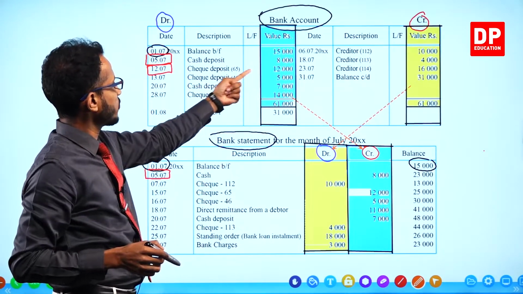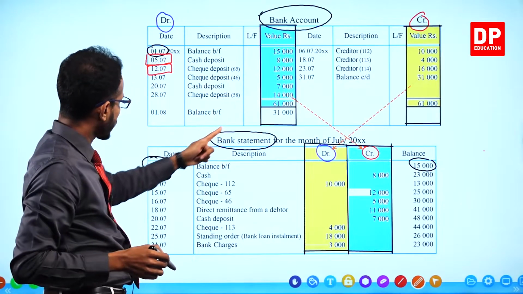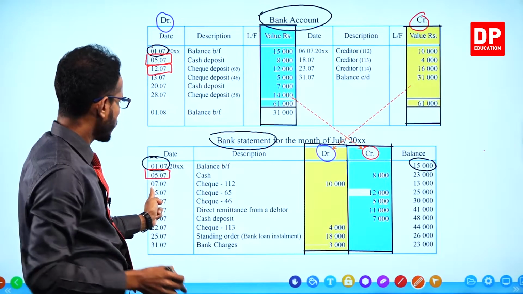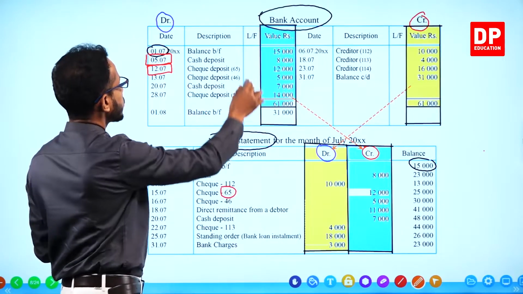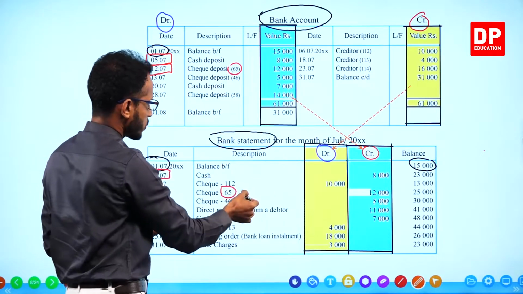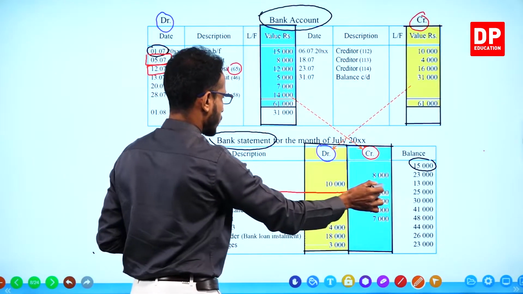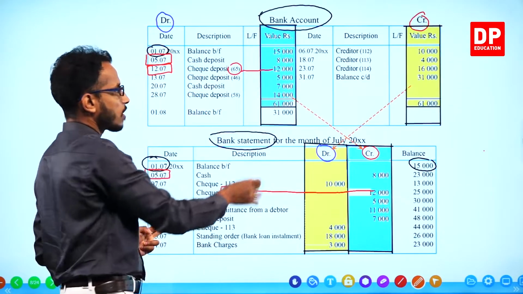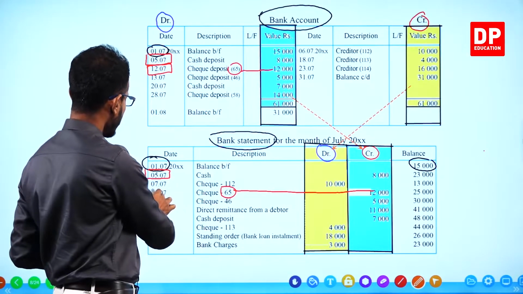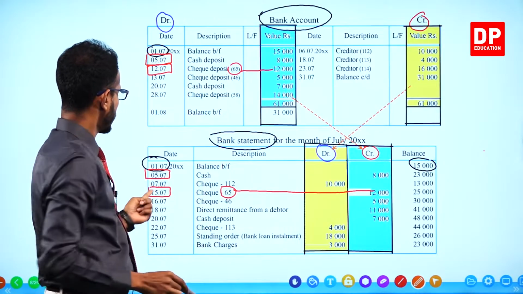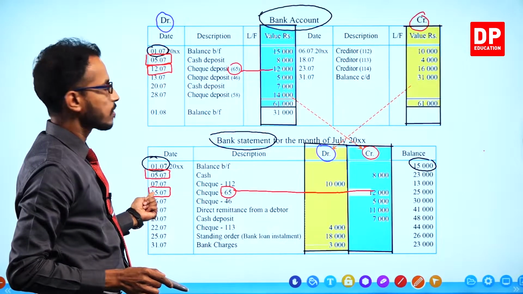Check number 65, 12,000, is actually here, but the date is different, see? 15th.